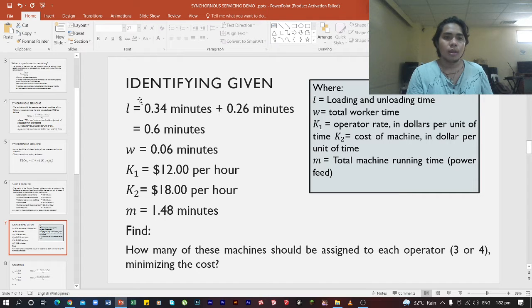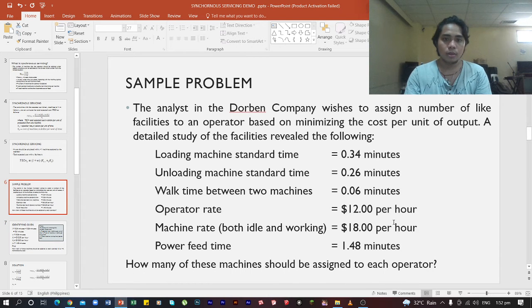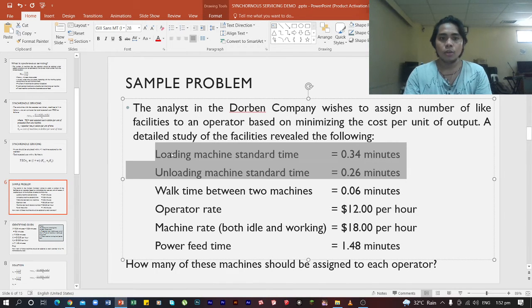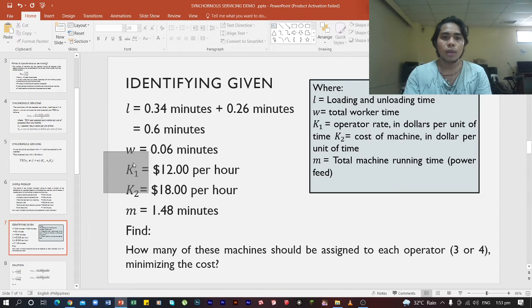So L would be 0.34 plus 0.26, as we see in the given, the loading and unloading machine standard time. So we know that L is the loading and unloading time, so we add both of those minutes.